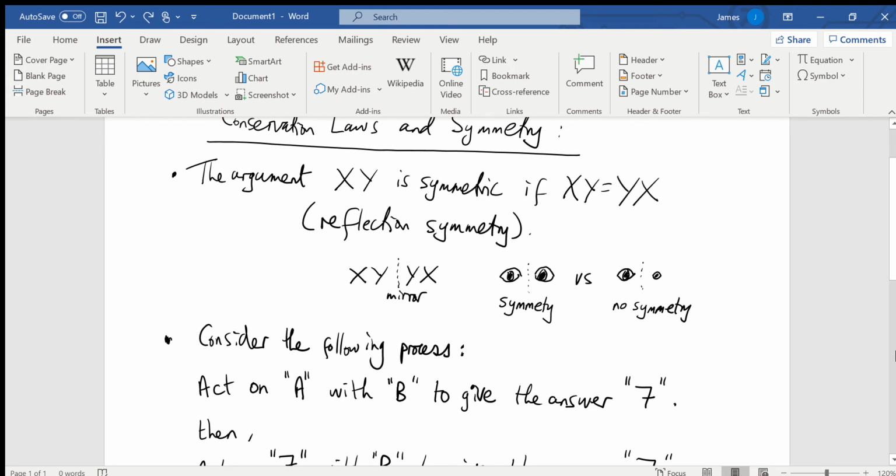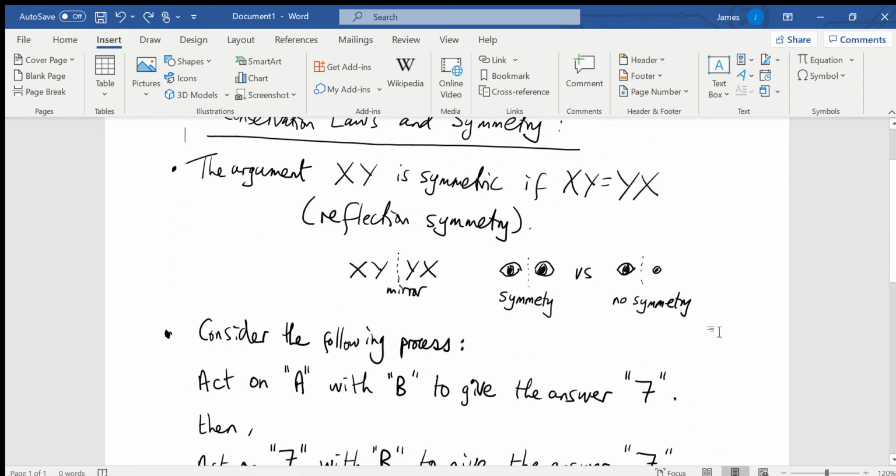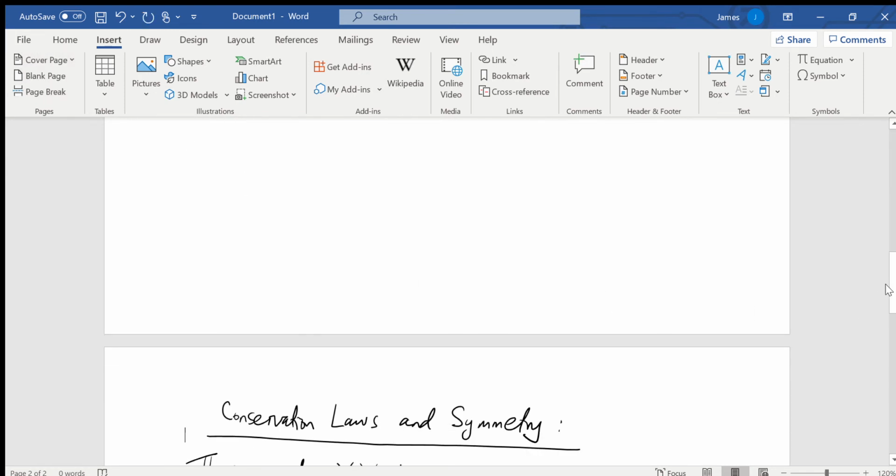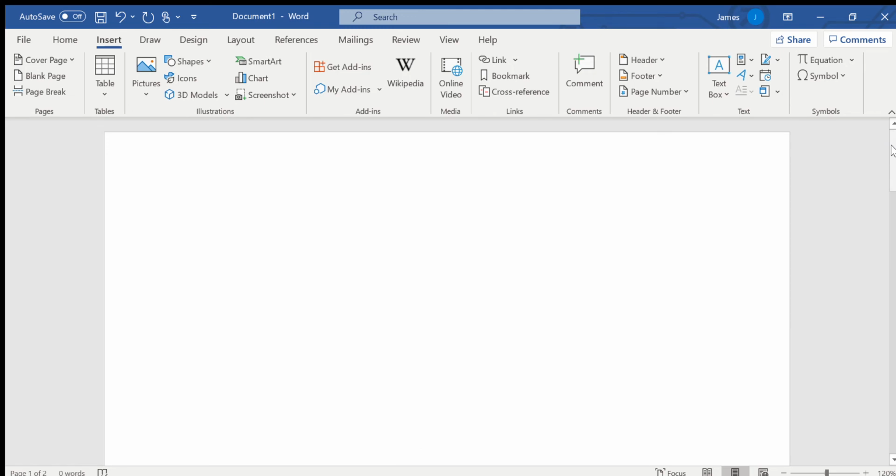Yeah, I guess I just want a new page. How can one do a new page here? Okay, I'm just going to insert a new page. I guess it's going to go backwards, but that's okay.